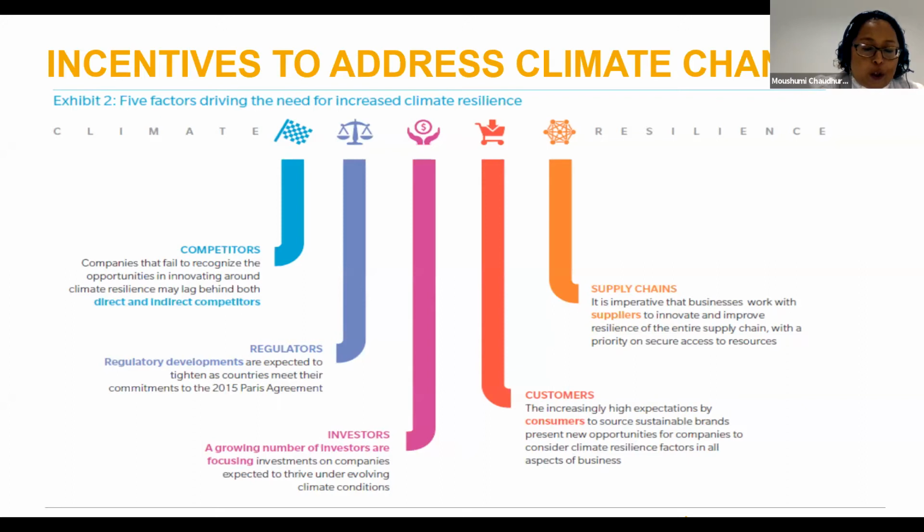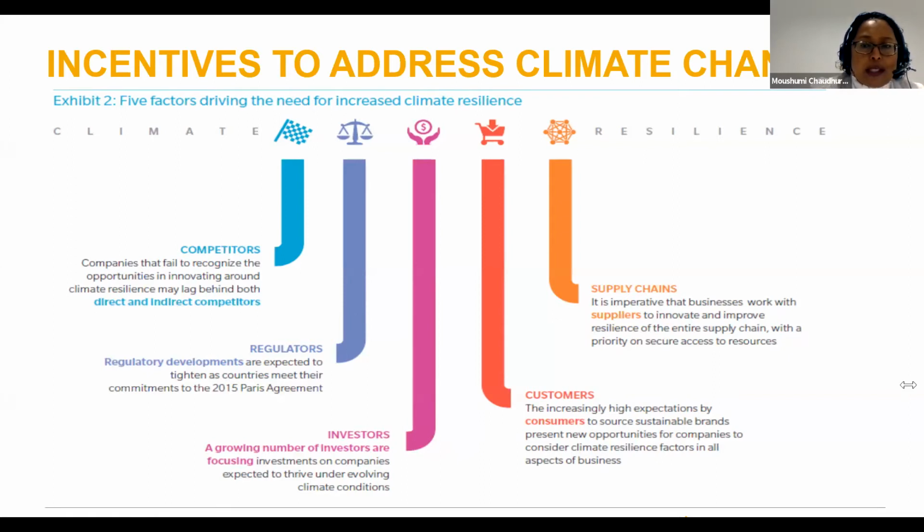While such products are sold at a premium, customers have shown willingness to pay for them, and customers develop increasingly high expectations with respect to sustainable brands. So they're really looking for companies that address environmental issues and climate change issues.